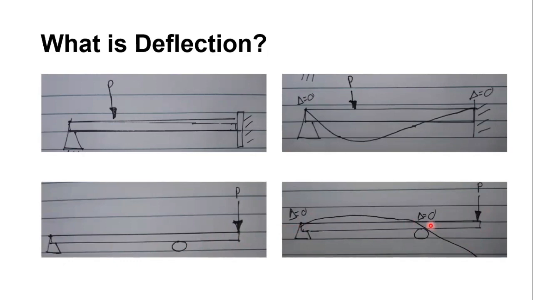So imagine nyo gumamit kayo ng ruler and then subukan yung i-experiment na ganito yung gagawin ninyo. So ang mangyayari magkakaroon tayo dito ng slight curvature and then pagdating dun sa second support natin is nandun tayo sa point kung saan tayo nag-start, nakafix siya doon. And then dito sa point P is andito yung movement natin.